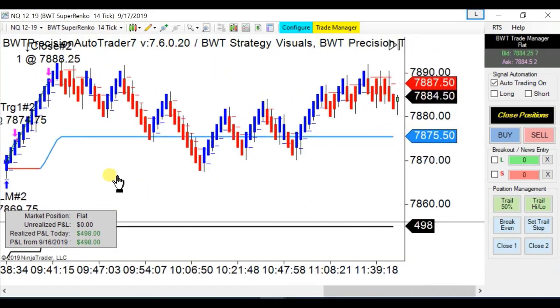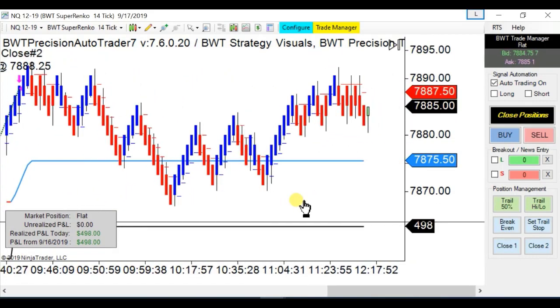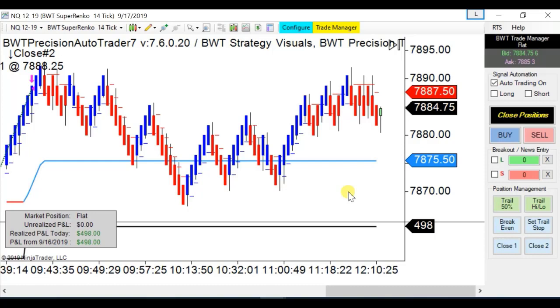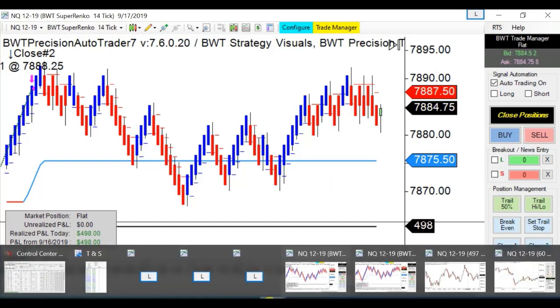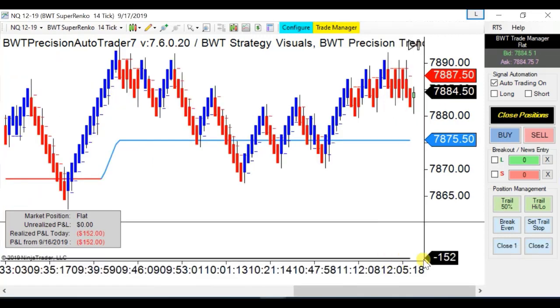But then after that, I mean, look at how this is an ugly market. So actually, to me, something like this is encouraging. I mean, the fact that the auto trader managed, even on this other chart, to only lose $152 on this ugly action is very encouraging, because the auto trader shines when there is a strong trend with big swings.